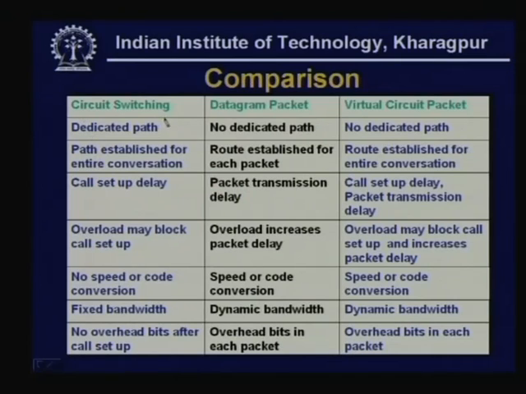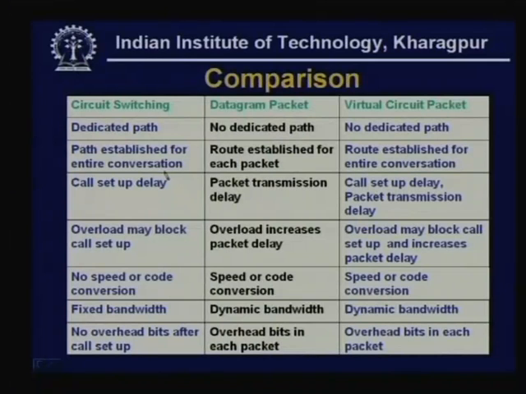In circuit switching, as you have seen, the path is established for the entire conversation. As I mentioned, in case of circuit switching, just like your telephone network, whenever we dial and get the destination receiver successfully, then the link is established, and for the entire conversation the link remains established whether somebody talks or not.